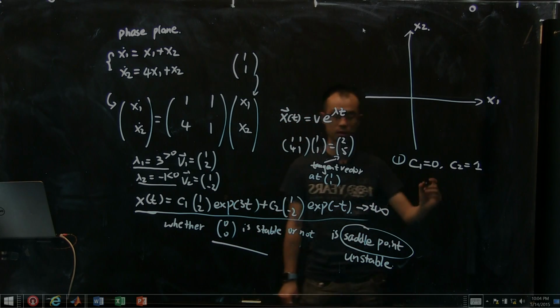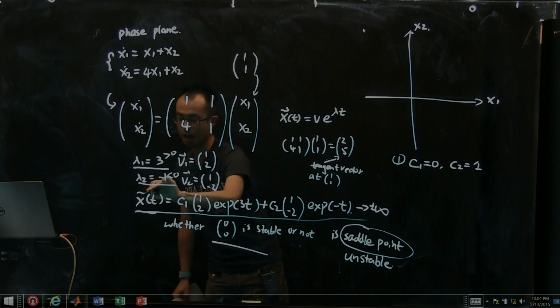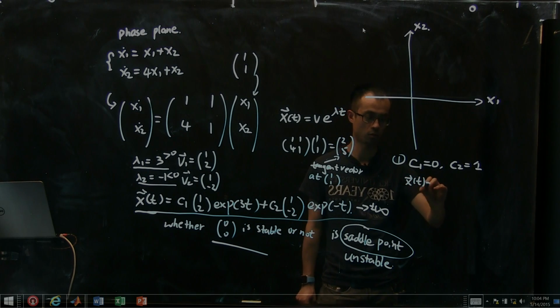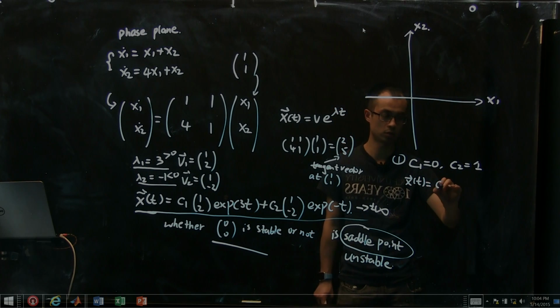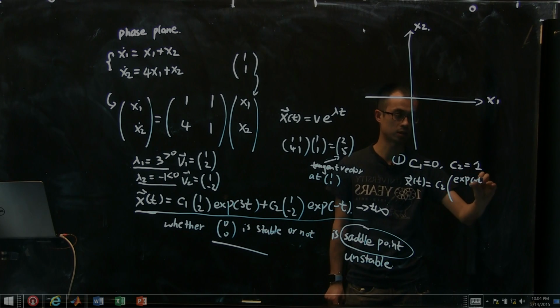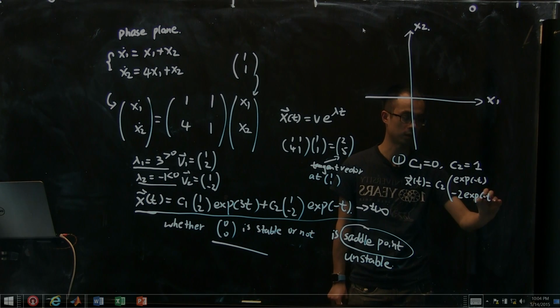In that case, our x(t) becomes C2 times e^(-t) times (1, -2) e^(-t).